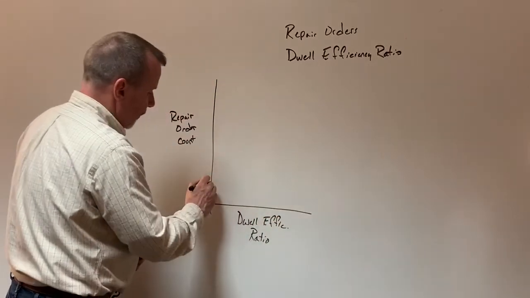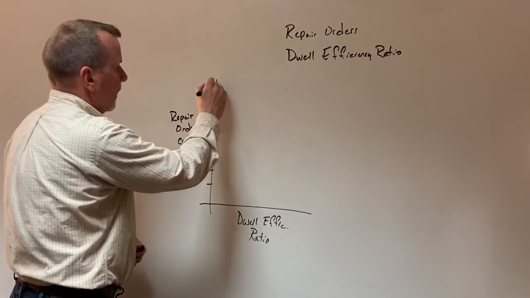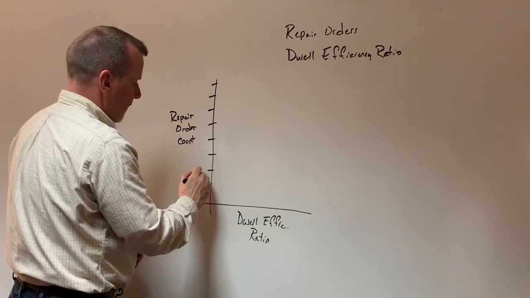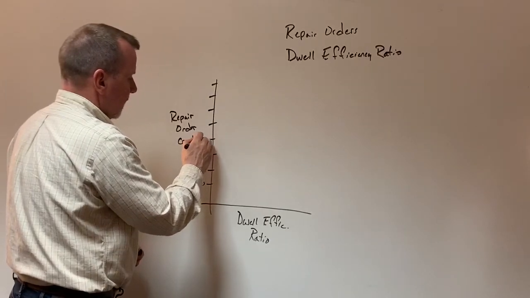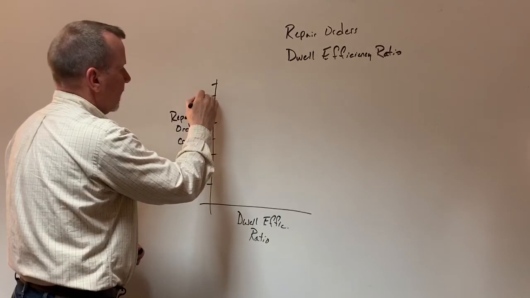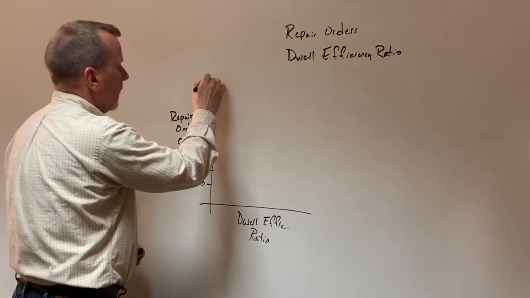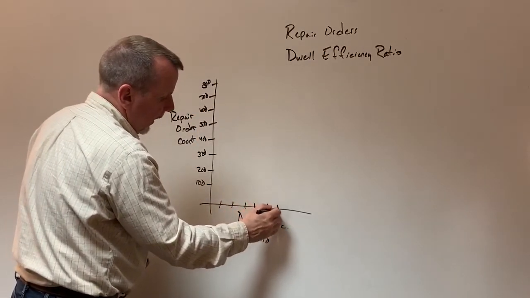And for the sake of ease, we're just going to break this into groups of 100. And down on this graph, we're going to break it just in by ones.